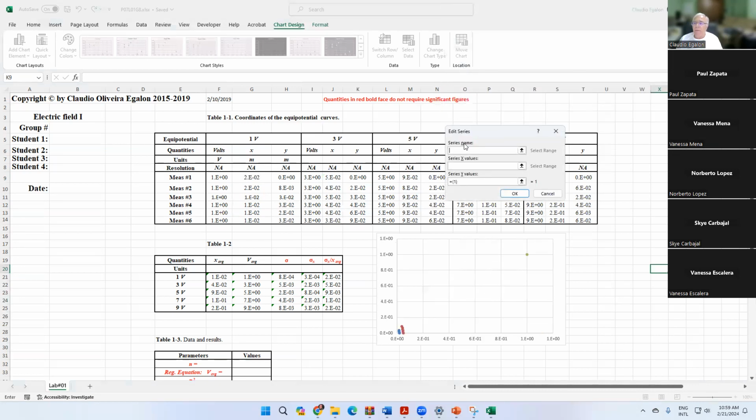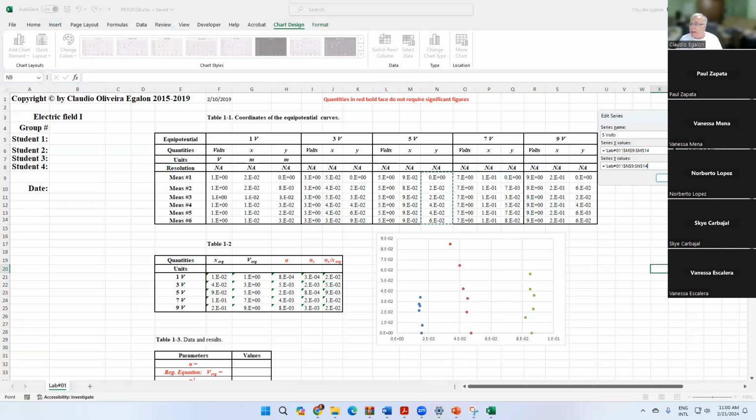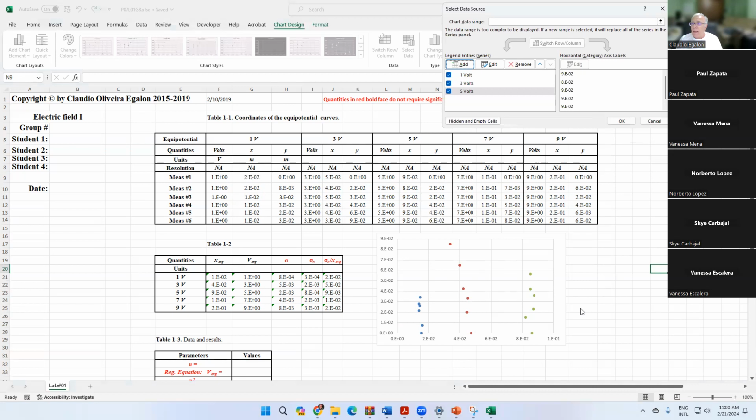Add 5 volts, X values. Get rid of this annoying number 1. You gotta tell Bill Gates to get rid of this one for us. Here you go, click OK, and so on, right?